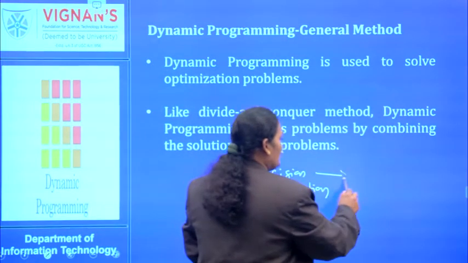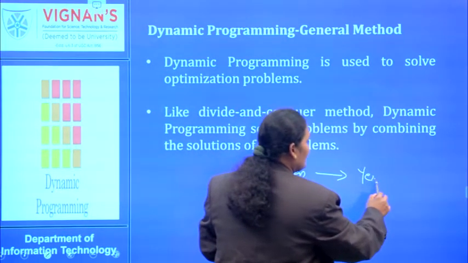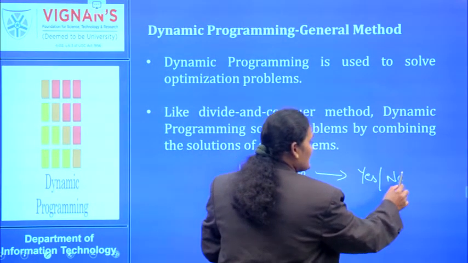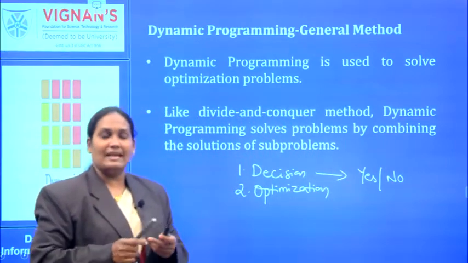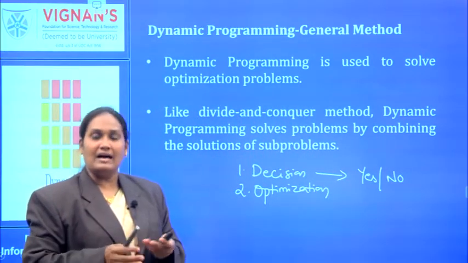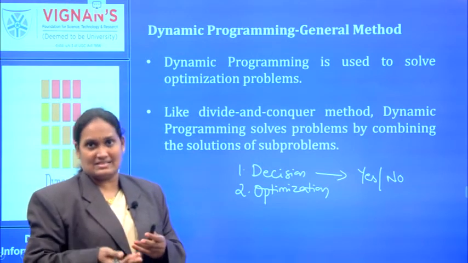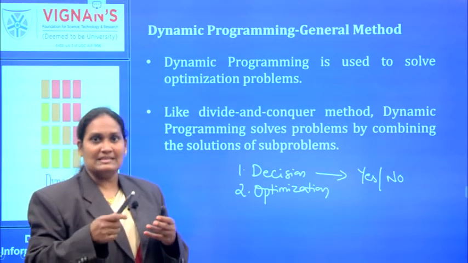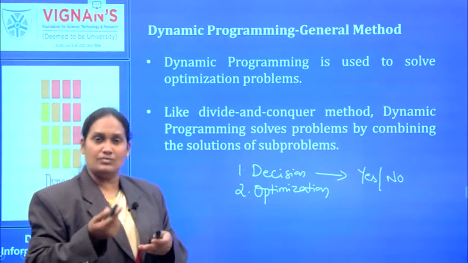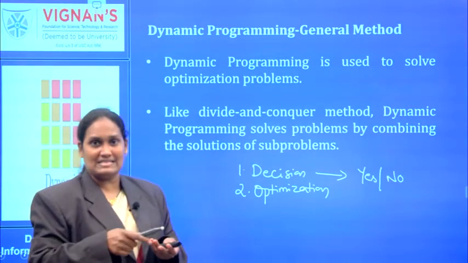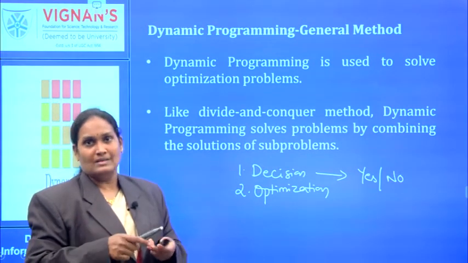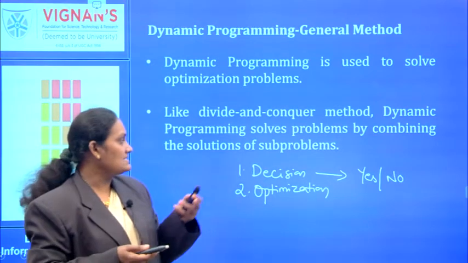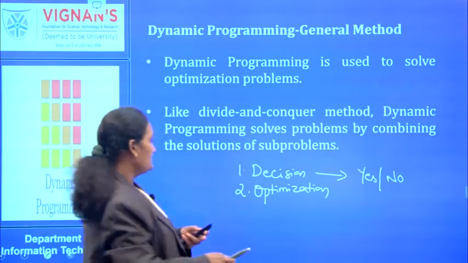Decision problems are the problems which return Boolean values as the solution, either true or false, or yes or no. The problem gives the answer as true or false, or yes or no. Those types of problems are called decision problems.